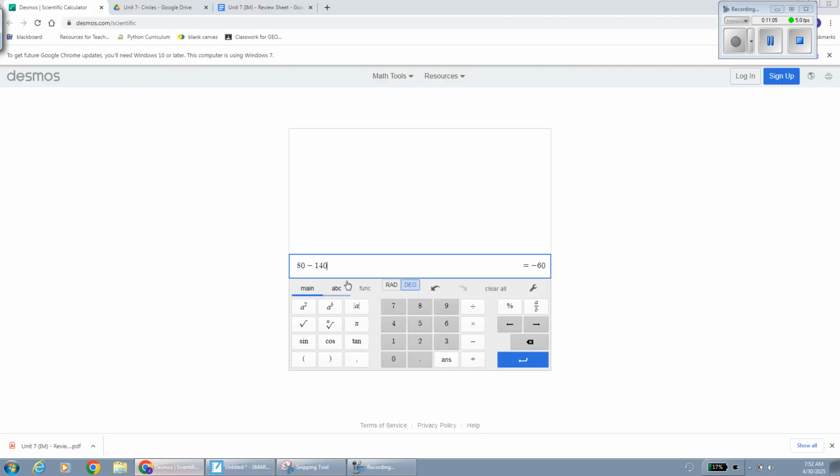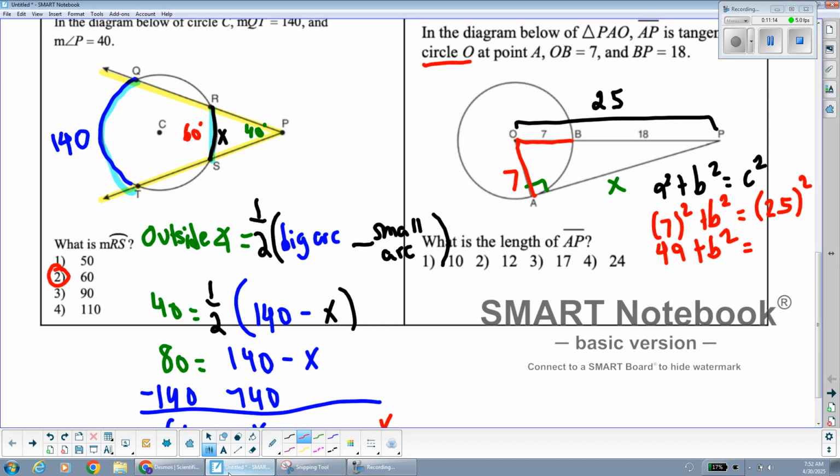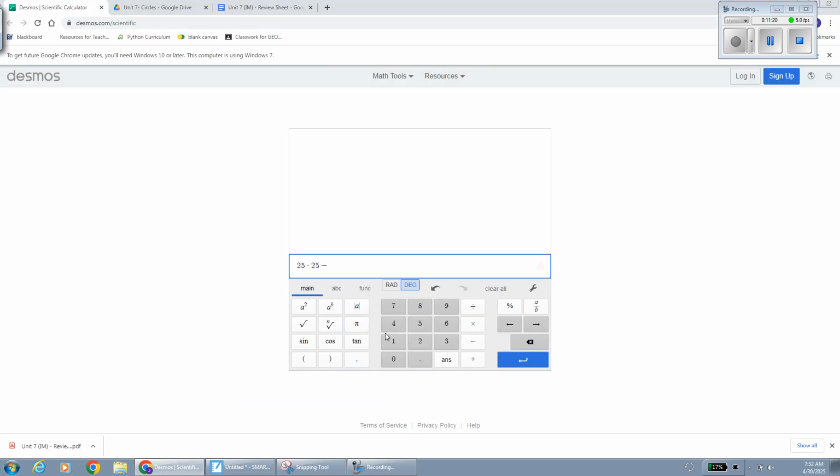25 squared is too big of a number for me. 625. Let's subtract 49.